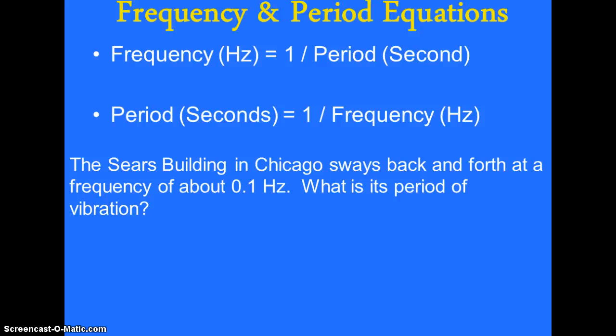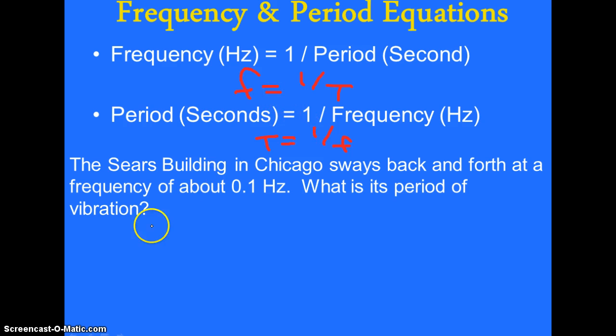Here's your equations. Frequency, which is the number of waves per unit time, waves per time, it's 1 over the period. The period is how long it takes for one wave, so time over frequency. Frequency equals 1 over period, and period equals 1 over frequency.